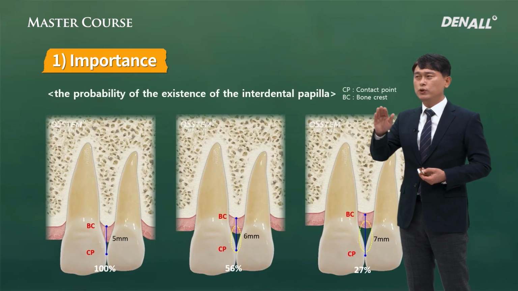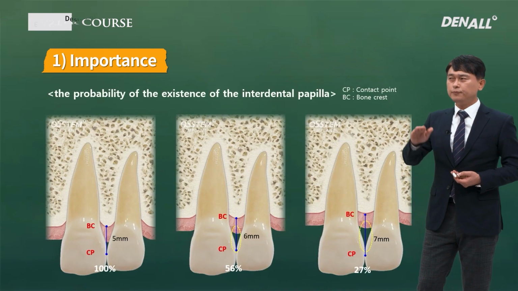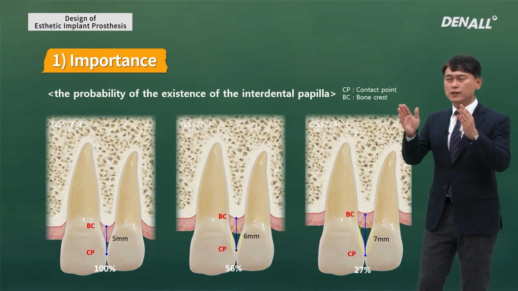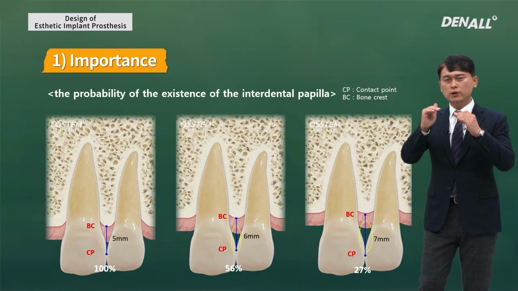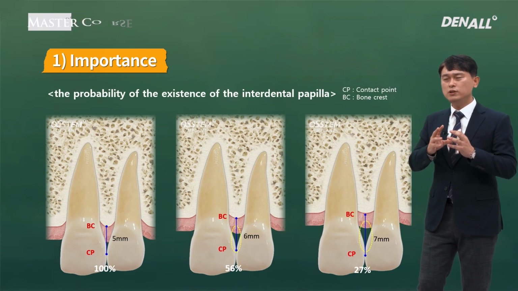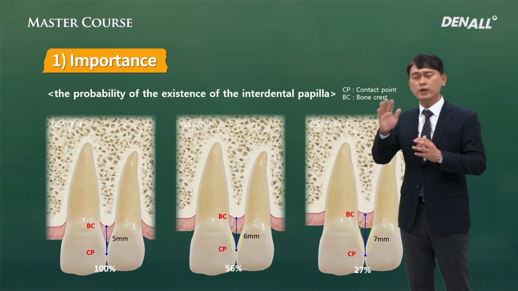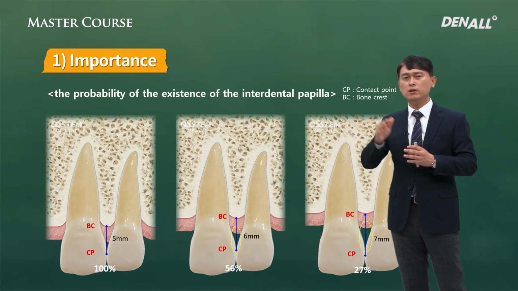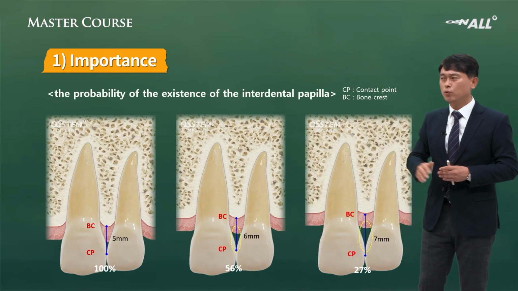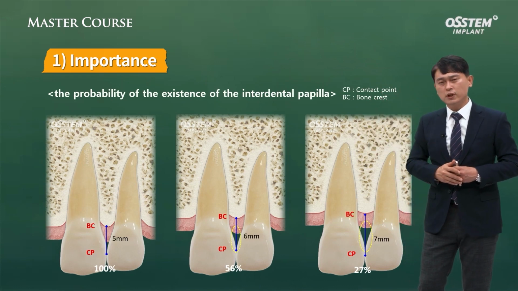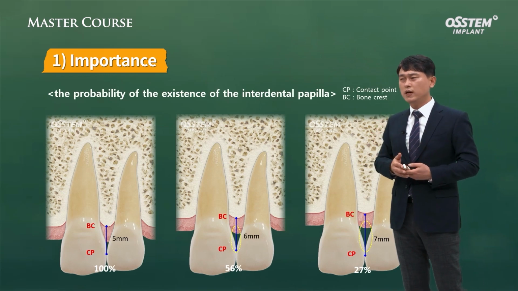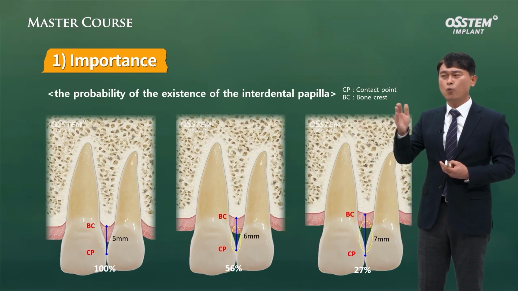According to this paper, from the top of the crestal bone between two teeth to the contact point, at 5 millimeters or less, 100% of interdental papilla can be maintained. If it is 6 millimeters, 56%. If it is 7 millimeters, 27% of interdental papilla was maintained.